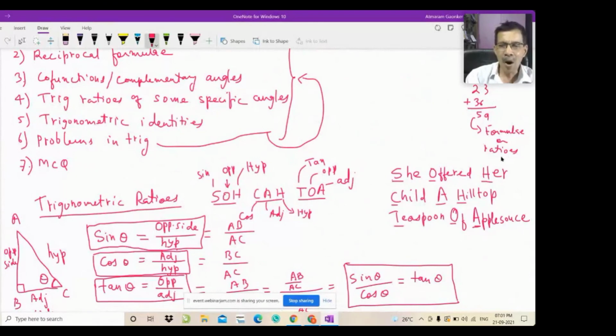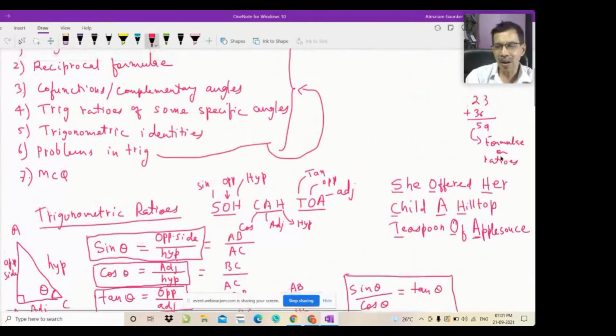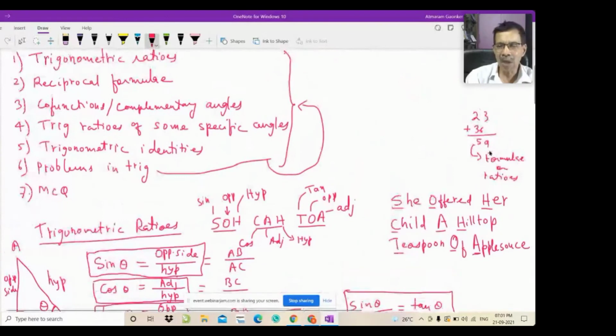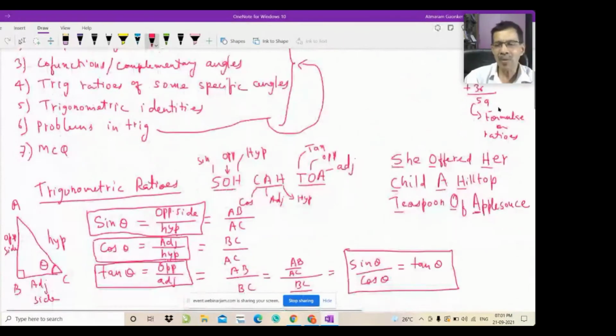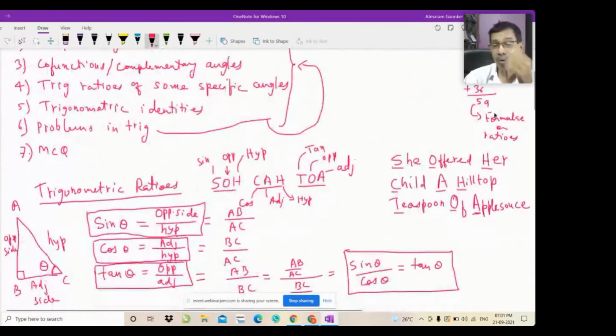Either formulas or numericals, in total 59 numericals and formulas you have to remember. It becomes very difficult for most students to memorize this, and while memorizing they get confused, and that's why trigonometry becomes difficult.